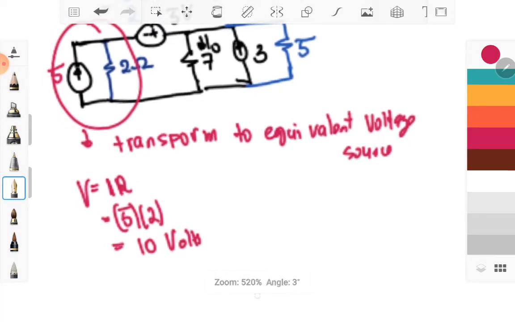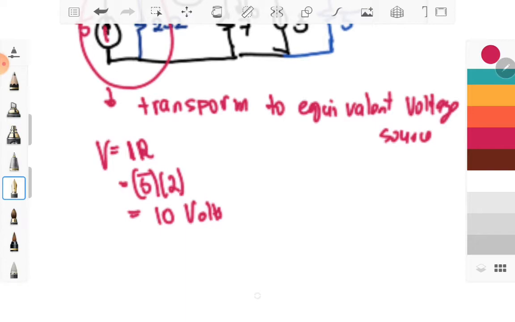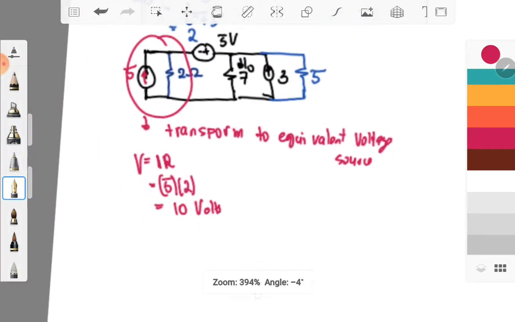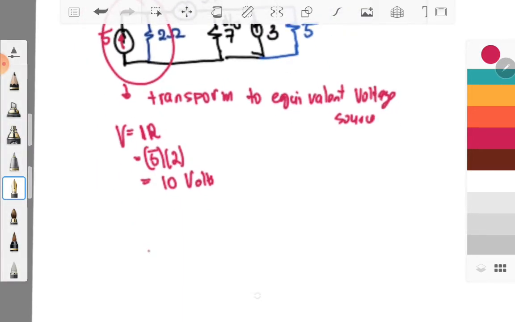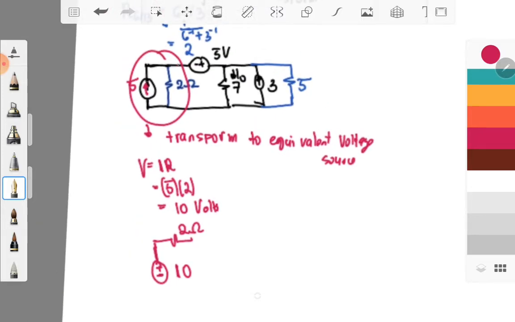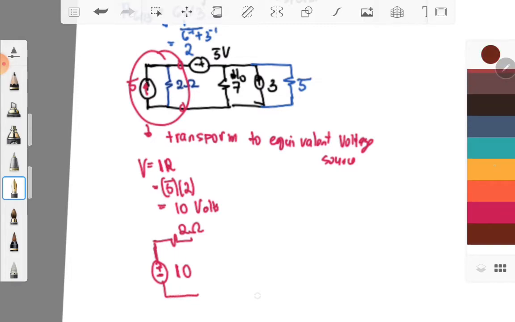Take note, the direction of your current is going up. So the new circuit will have a positive, negative 10 volts, and then we put the 2 ohm resistor in series, and then connect it to this terminal.